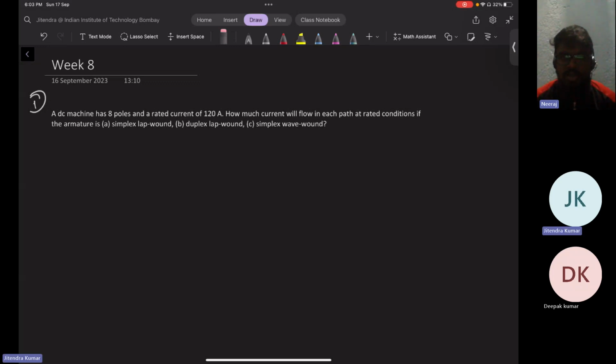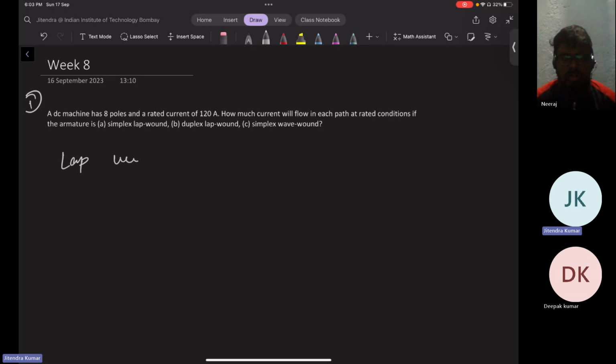Let me write it. In lap winding, the number of parallel paths is equal to the number of poles.